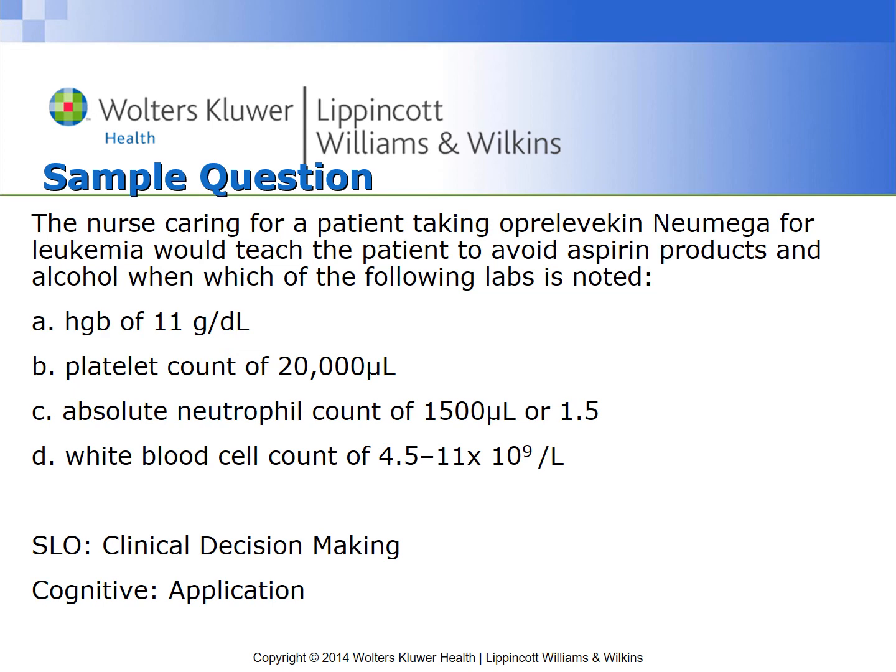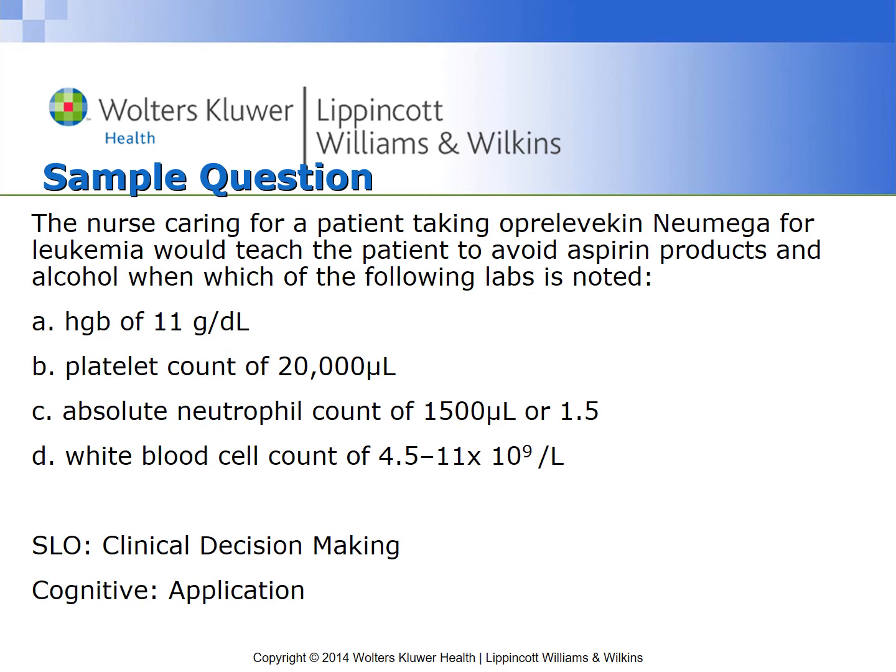So we've got to know again, what is the medicine for? So the nurse caring for the patient that's taking this would teach the patient to avoid aspirin products and alcohol when which of the following labs is noted? Okay, so platelets, we're dealing with bleeding.